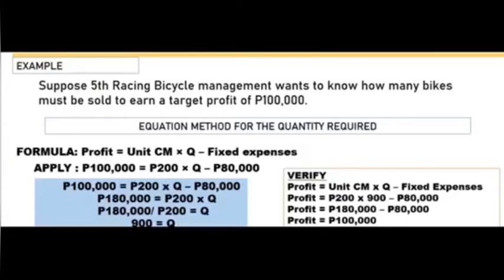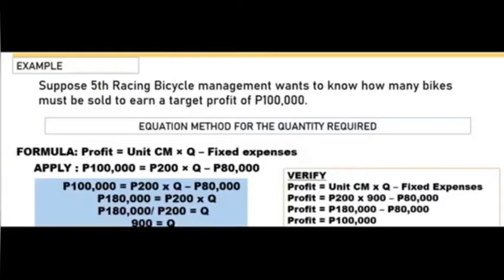We have here an example. Suppose Fifth Racing Bicycle Management wants to know how many bikes must be sold to earn a target profit of 100,000 pesos. Since we know the problem already, let us apply the values to the formula. For the profit, it is given in the problem, it is equal to 100,000 pesos.